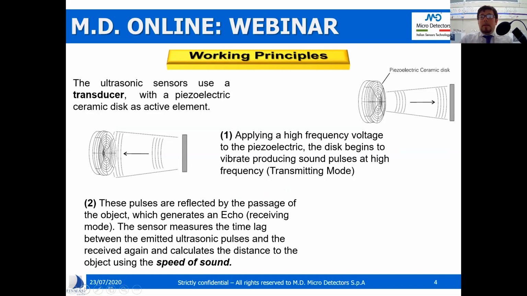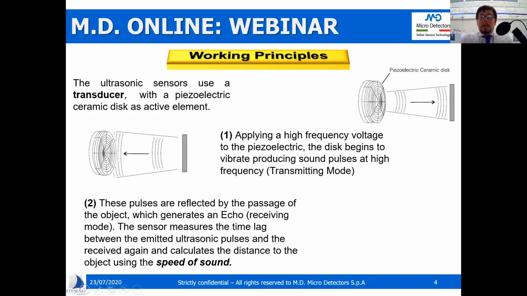This disc, through the action of high frequency voltage, starts vibrating and producing some sound waves, some ultrasonic waves. These pulses are transmitted through the air and they hit against a target surface. This target surface is represented by the object that we want to detect.